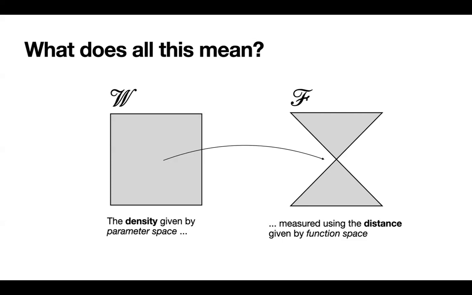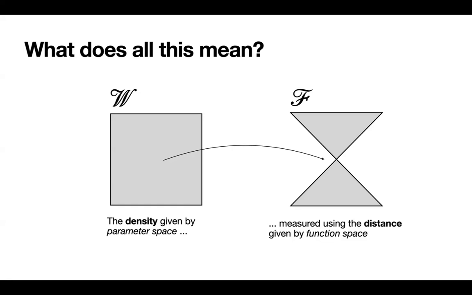And what we're doing with this correspondence is measuring density using the measure we inherited from parameter space, but with a distance given by function space. This Jensen-Shannon metric is really about distances between different probability distributions.